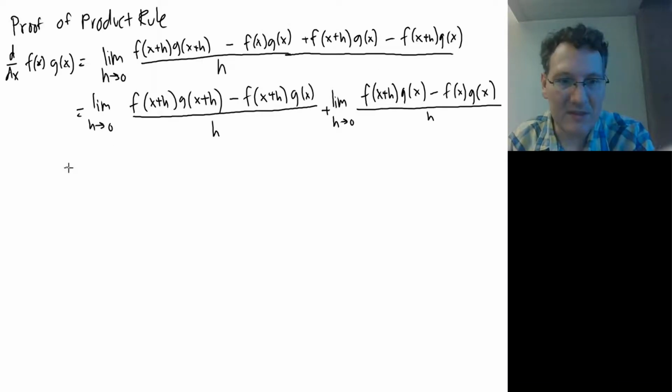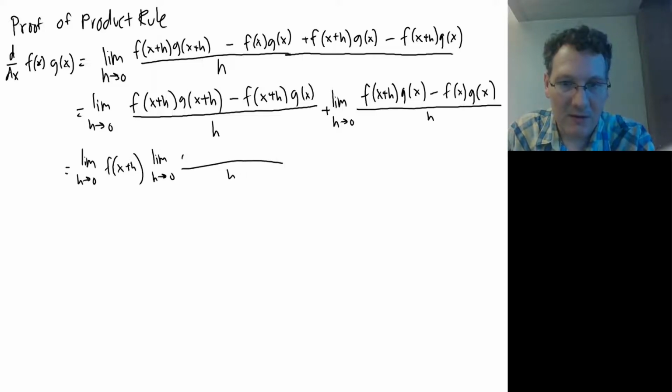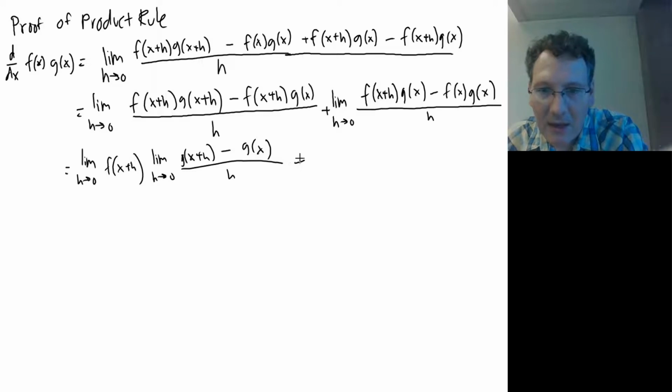What I'm going to do now is write this as a product of two limits. The limit as h goes to 0 of f of x plus h, because that's a common factor of both of these, and then the limit as h goes to 0 of g of x plus h minus g of x over h. And on the other one, g of x can actually be factored out.